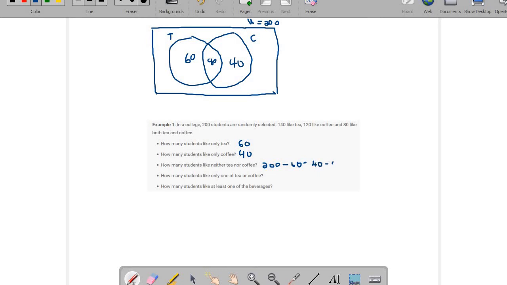Alright, so after we fill out these three sections, we're going to find those who fall outside of the sets, because it did not say all of the 200 students like either of these hot beverages or both. So that means there are persons who fall outside of the coffee or tea category.